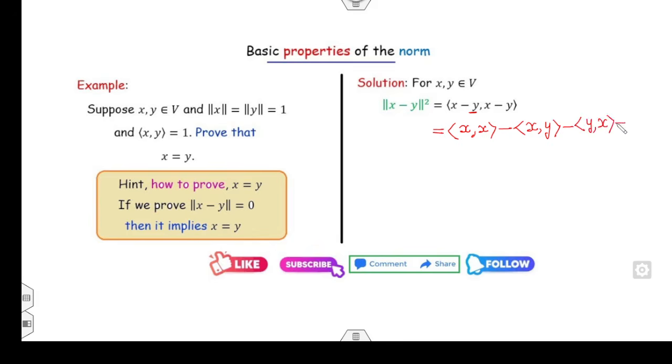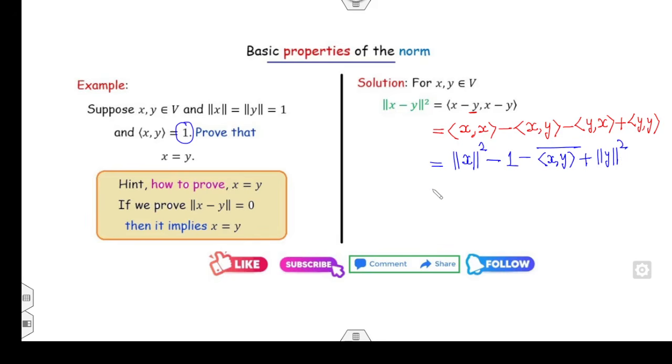Fine. Minus minus plus y comma y. You can substitute the value. This number will be norm of x square. Fine. x comma y value will be 1. y and x is not given, so I can write it in terms of y and x. I can take it as a complex conjugate of this by the property of the inner product space.